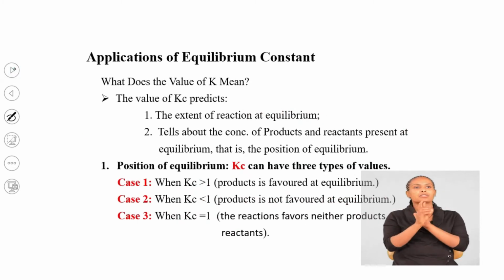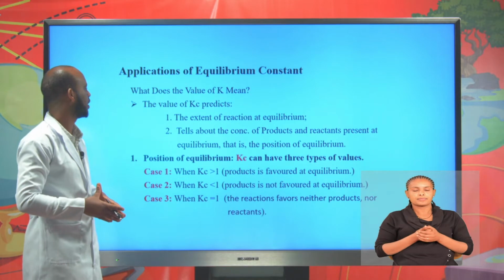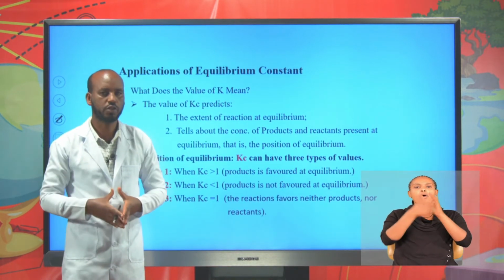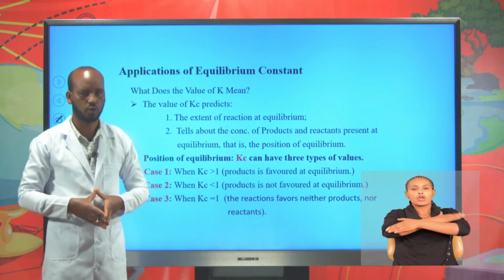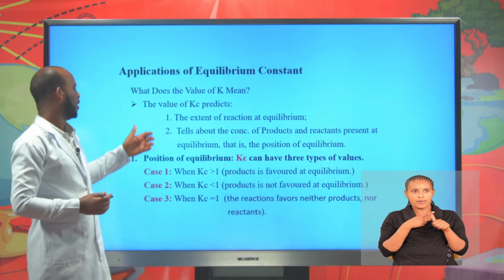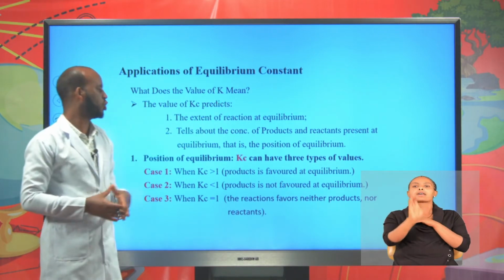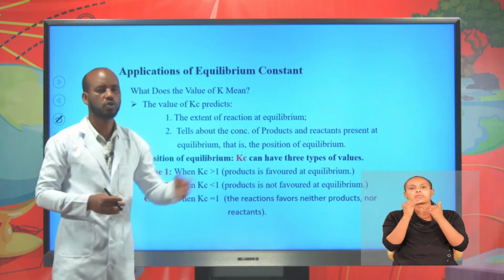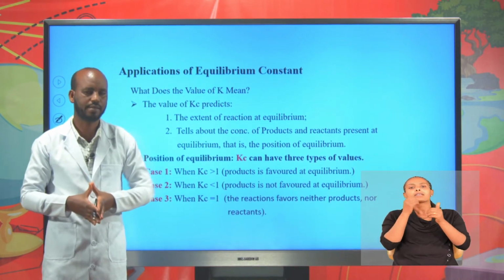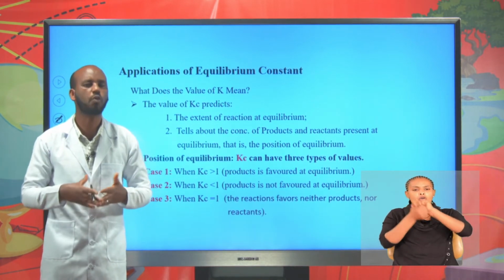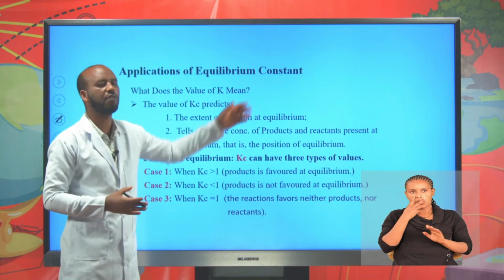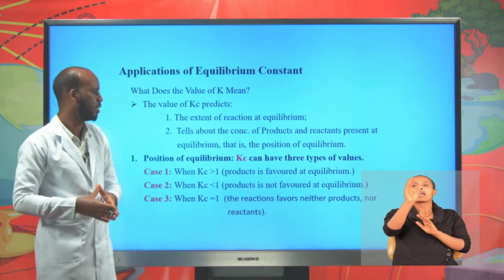Application of equilibrium constants. What are the applications of equilibrium constants? Kc: 1. The value of Kc predicts the extent of reaction at equilibrium. The extent to which reactants are converted into product is predicted by looking at the value of Kc. 2.